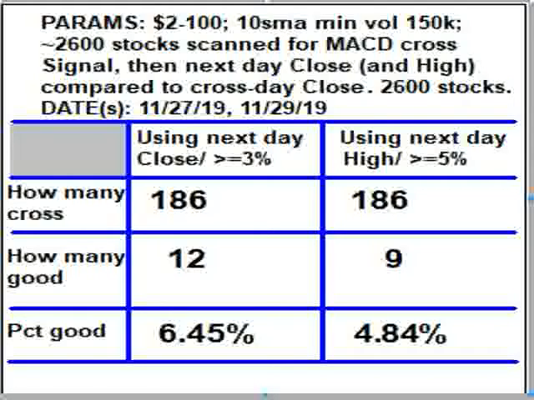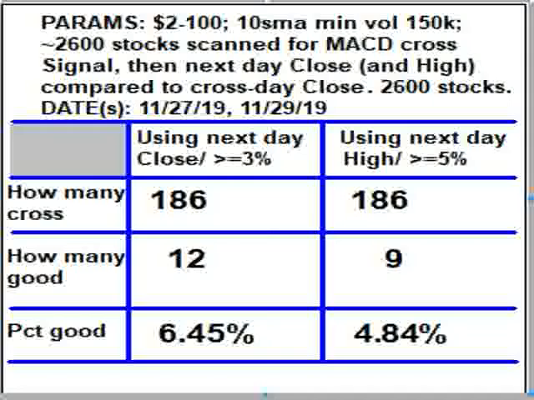And we were looking again for the MACD crossing signal and the next day's value compared to the crossing day's value. The dates, as I mentioned in the last video, were also across Thanksgiving. I am going to take another look at this later in the week. If I find any radical differences in the values that I'm showing, then I will share it. I will post it right on the face of the video, okay?